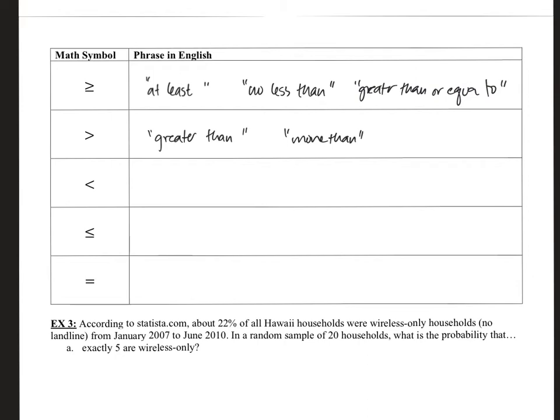The next one is either less than or fewer than. The other one is either no more than, at most, or less than or equal to.